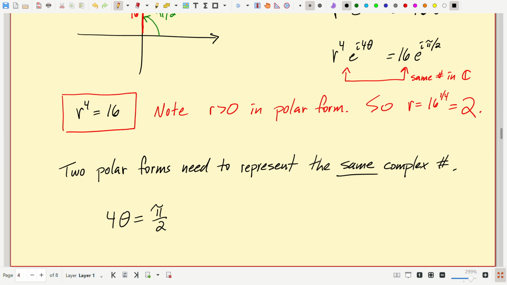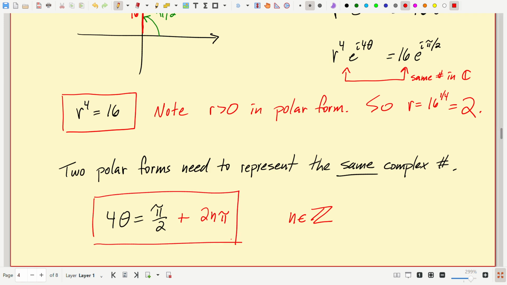So pi over 2 is one way to represent it, plus some multiple of 2 pi, where n is an integer. That's what it means for those two things to represent the same complex number in the plane. Those two angles have to be the same modulo a multiple of 2 pi.